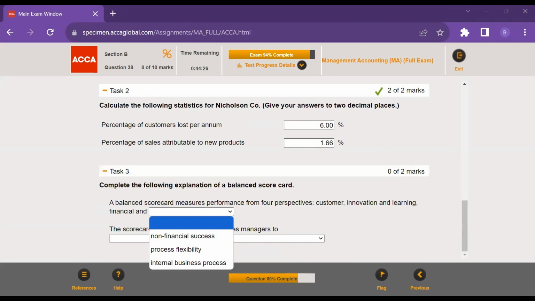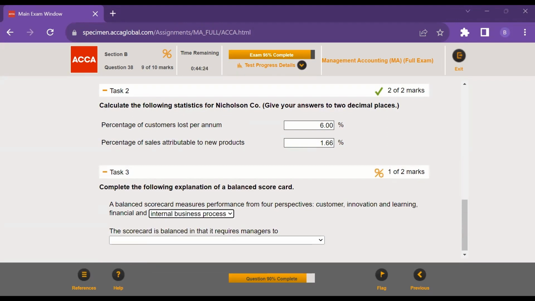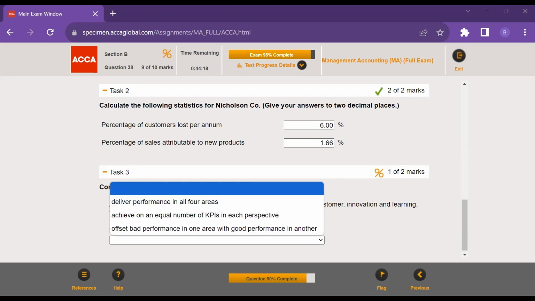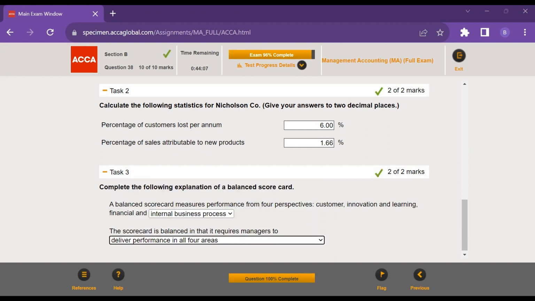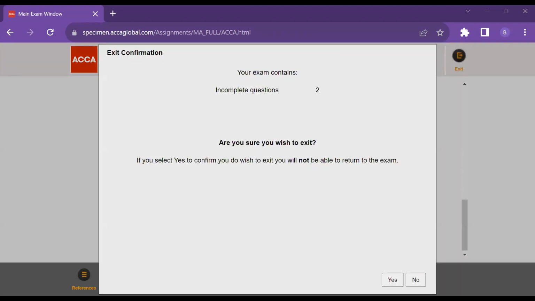Non-financial success, no. Flexibility, no. Internal business process, yes. The scorecard is balanced in that it requires the managers to deliver performance in all 4 areas, achieve on an equal number of KPIs in each perspective, no. Offset bad performance, no. So they have to deliver in all areas. And with this, we are done with this exam.